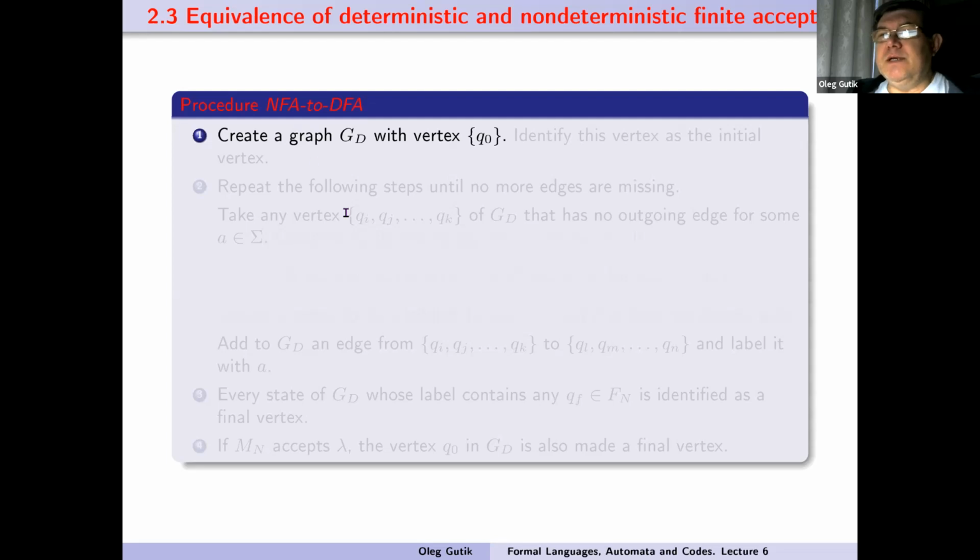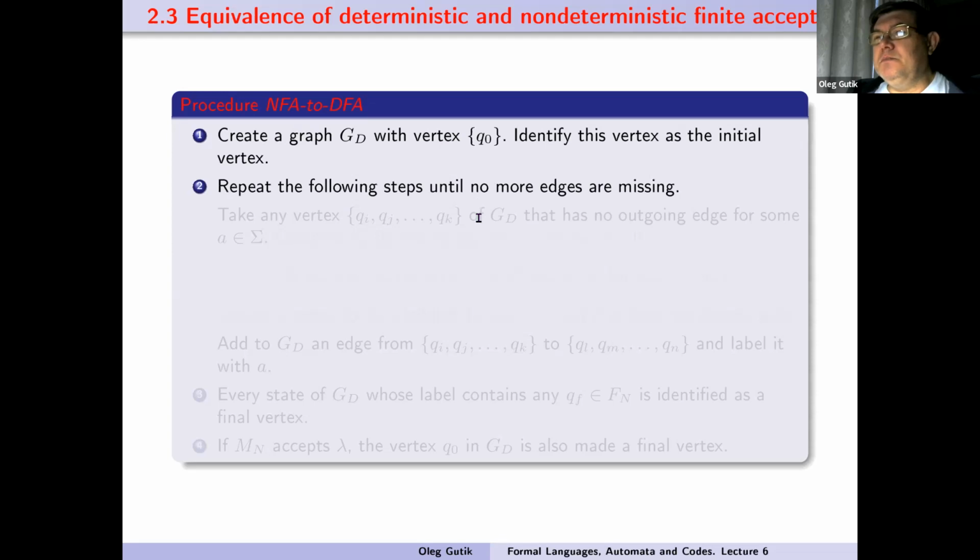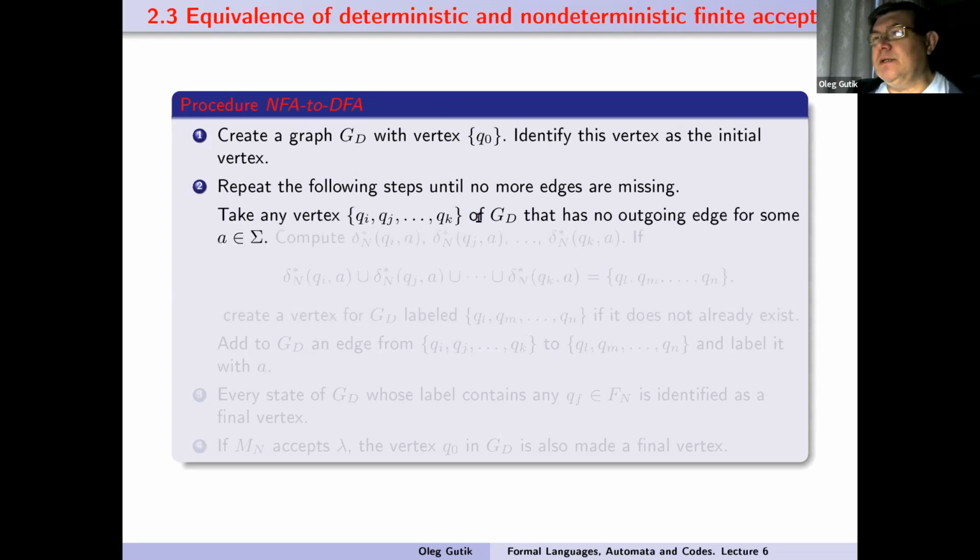The first step: create a graph GD with vertex Q0. Identify this vertex as the initial vertex. Repeat the following steps until no more edges are missing.